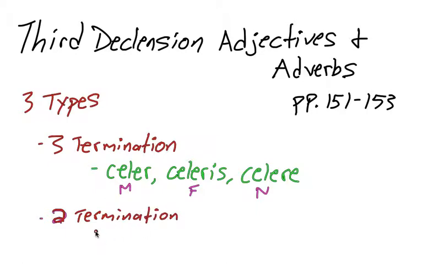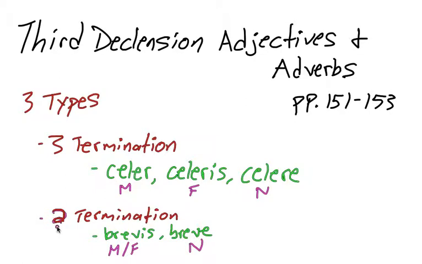adjectives, and these are third declension adjectives that have two different endings, and so an example of that would be brevis, breve. Okay, so in this adjective, brevis is both the masculine and feminine form, and breve is the neuter form.